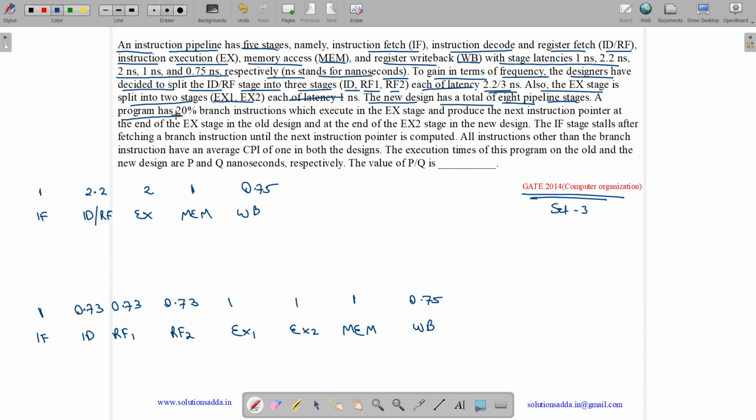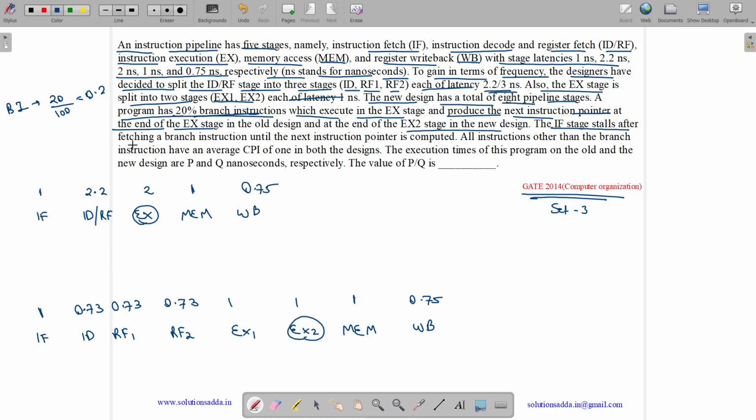A program has 20% branch instructions, so 20 by 100, or you can say 0.2, which execute in the EX stage and produce the next instruction pointer at the end of the EX stage in the old design and at the end of the EX2 stage in the new design.